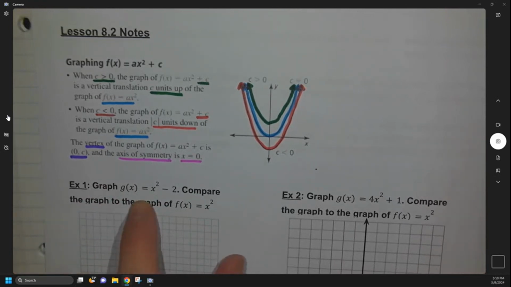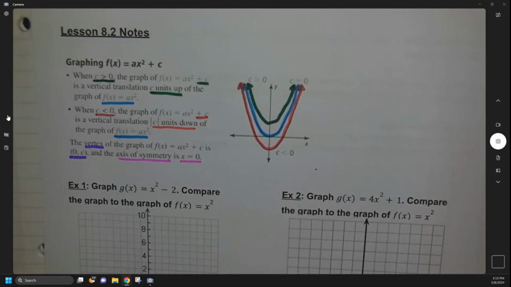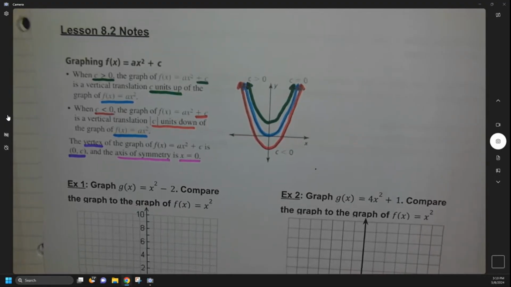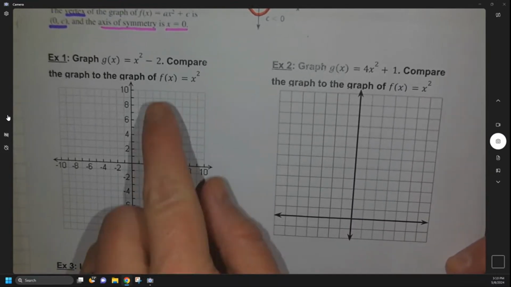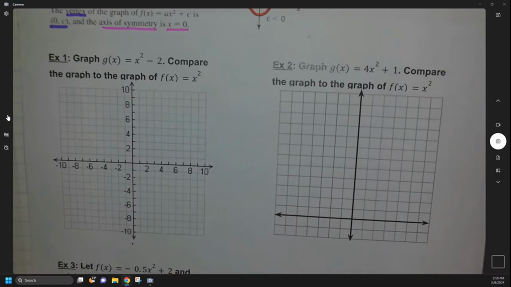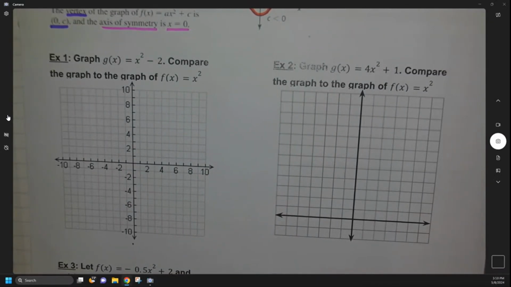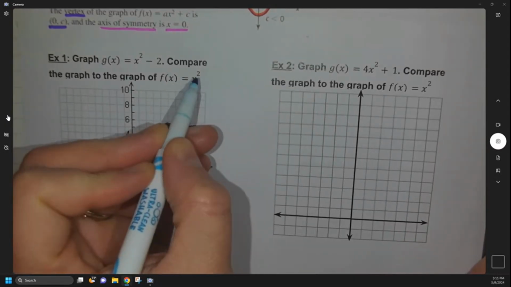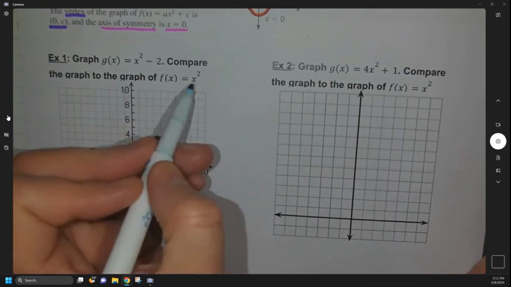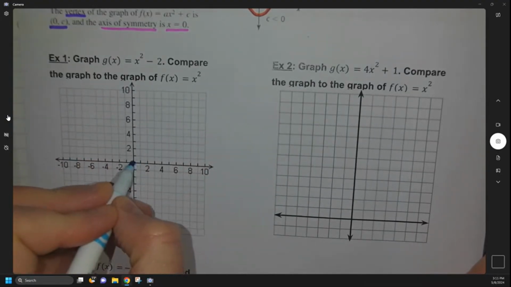So we've got this equation here. g of x equals x squared minus 2. And we're going to be comparing it to that original function, f of x equals x squared. So we have looked at that one in the past. So we'll use blue for that since it's the original color we've been using. If it's f of x equals x squared, if I plug in 0 for x, 0 squared is 0.